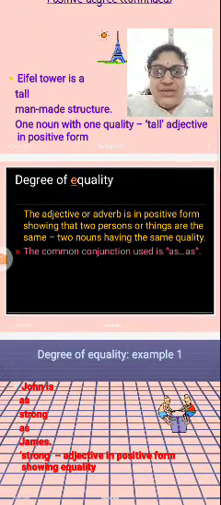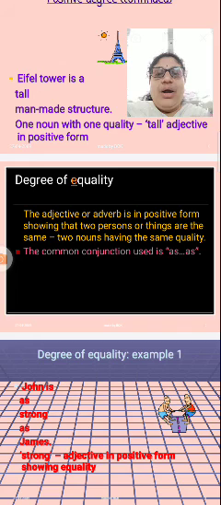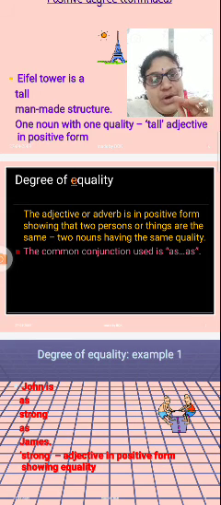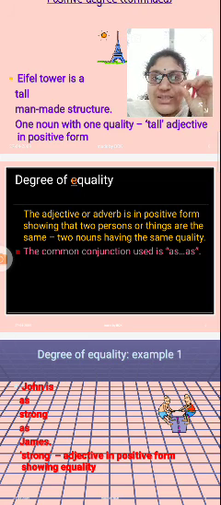And the next one, degree of equality. The adjective or adverb is in the positive form, showing that two persons or two things are the same. So whichever adjective or adverb you take in the degree of equality, positive degree, it is in the positive form, showing that two persons or two things are the same.